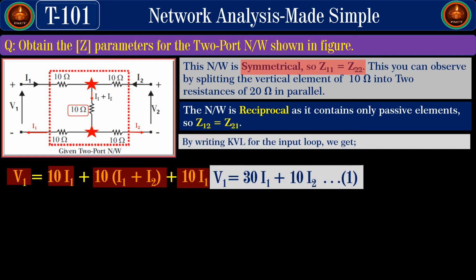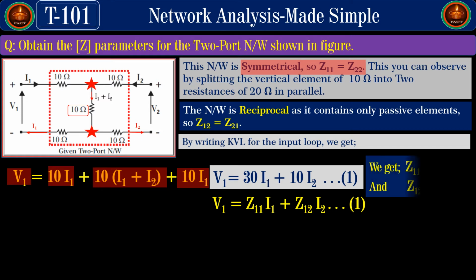By solving the simple equation, we get Φ1 is equal to 30 I1 plus 10 I2. By comparing this equation with the standard input equation of Z parameters, we get Z11 is equal to 30 ohm and Z12 is equal to 10 ohm.